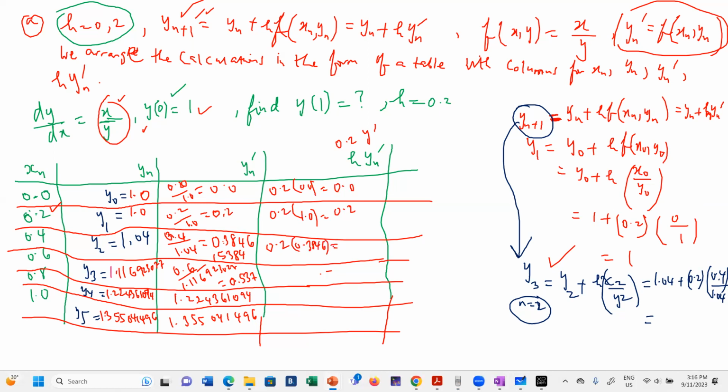If you multiply everything, you get 0.076923076, and then 0.53.